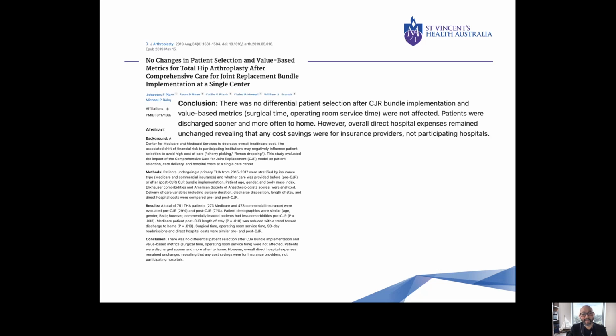In another study as well, they found that patient selection is important, and patients get discharged sooner and more often go home. But in fact, the overall direct hospital costs remain unchanged, and the cost savings were actually for the insurance providers, not the hospitals.